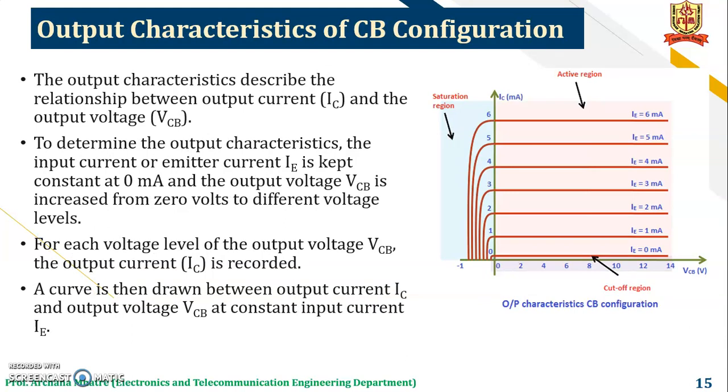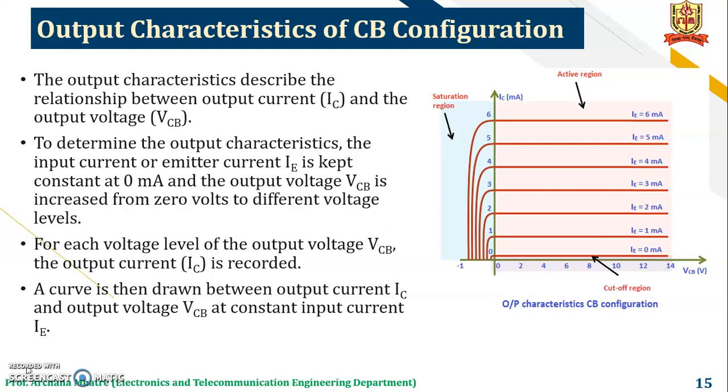Now next, the output characteristic of common base configuration. The output characteristic describes the relationship between the output current IC and the output voltage VCB. To determine the output characteristic, the input current or emitter current IE is kept constant at 0 mA and the output voltage VCB is increased from 0 volt to different voltage levels.